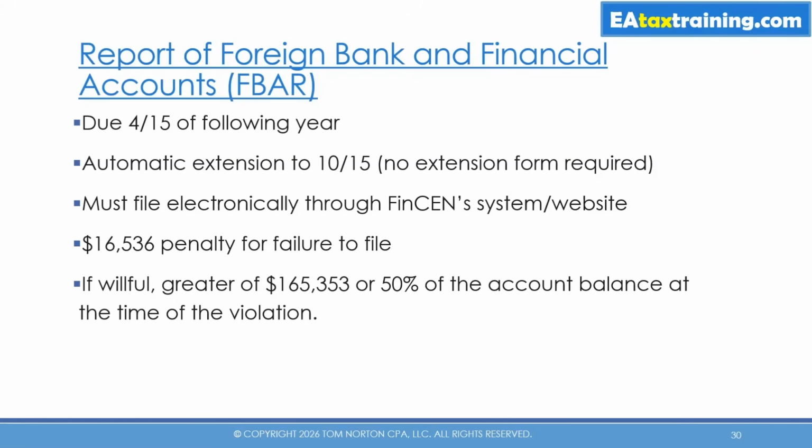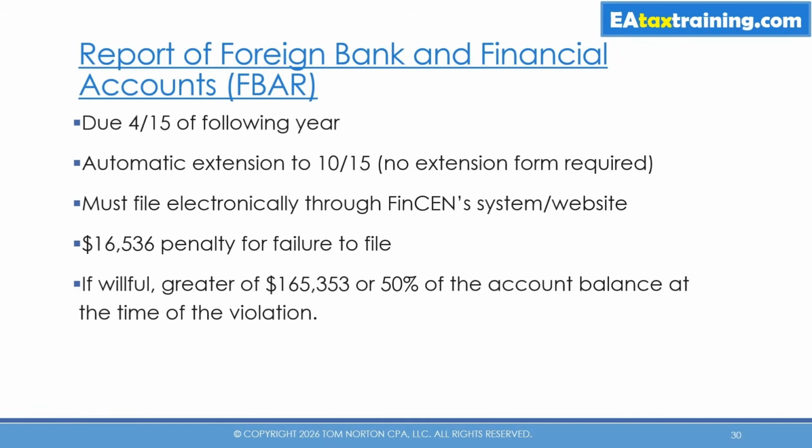So he took this to court. There had been a similar case with a different taxpayer in a different circuit court. So in the United States, you've got various circuit courts, and they're all kind of independent of each other. So one of these circuit courts had agreed with the taxpayer, had said, okay, you're right, it's only $10,000 per year.